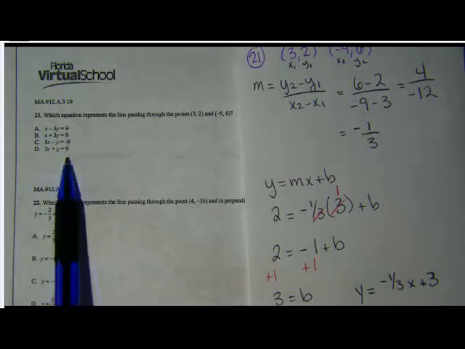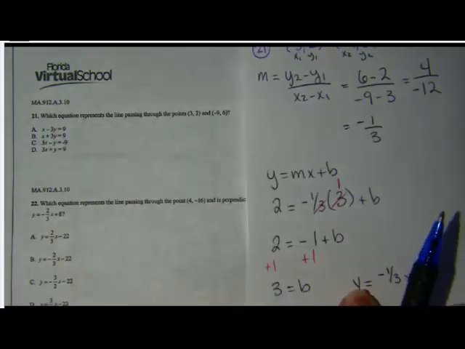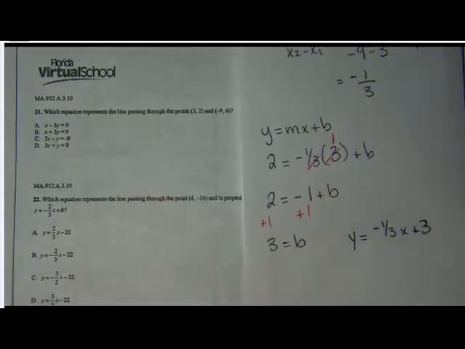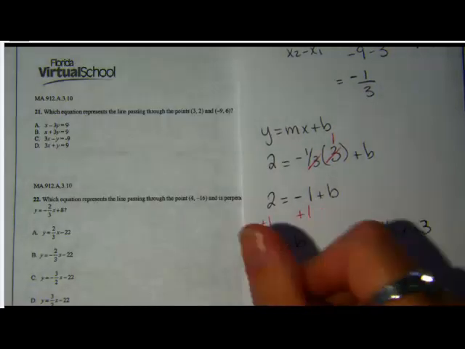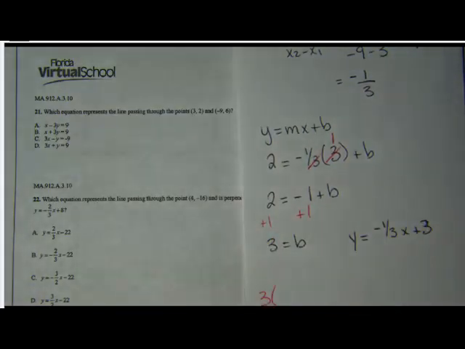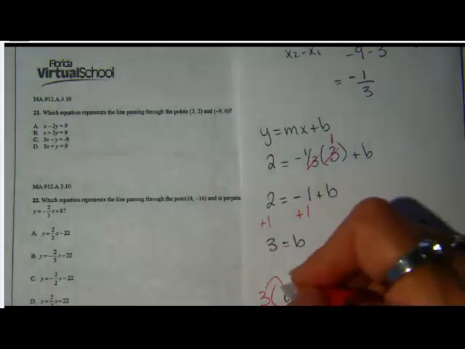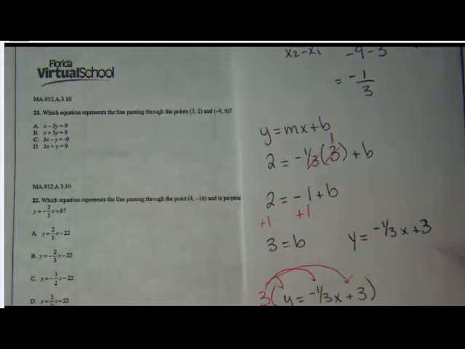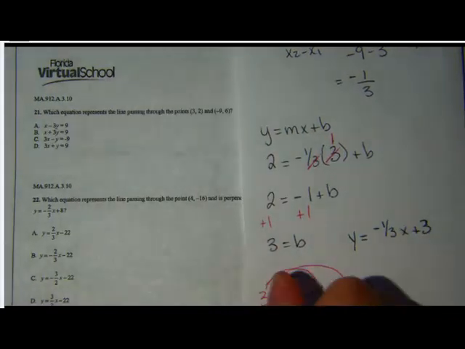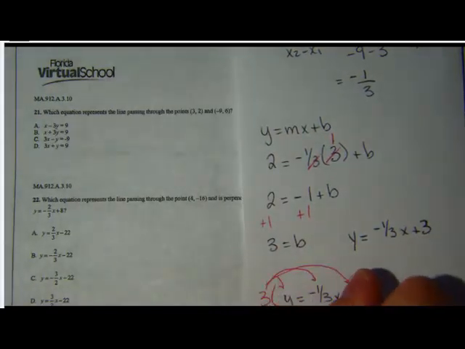So I'm going to clear the fraction. To clear the fraction, I'm going to multiply by the denominator. And so I multiply every single thing by 3. And I get 3y is equal to -x plus 9.